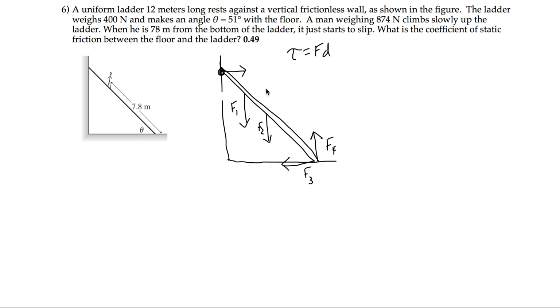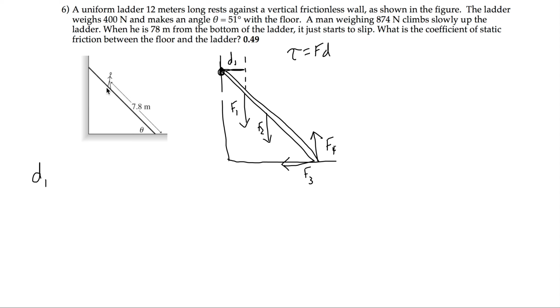So to find the d, what you're going to do is extend that force line. Now I'm going to move this one out of the way since we don't care about this force, it doesn't produce any torque. You're going to extend this force line here, and then you want the distance from the pivot to that force line. So this right here, from here to here, that would be d1. And we know what that is here.